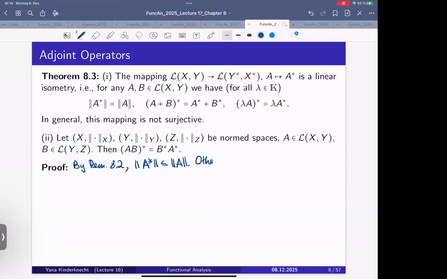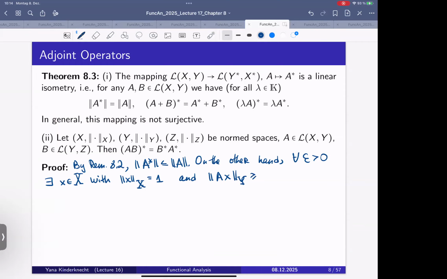On the other hand, for any epsilon positive, there exists an element x in the space X with the properties that the norm of x is equal to 1 and the norm of Ax in Y is strictly bigger than the norm of A minus epsilon.